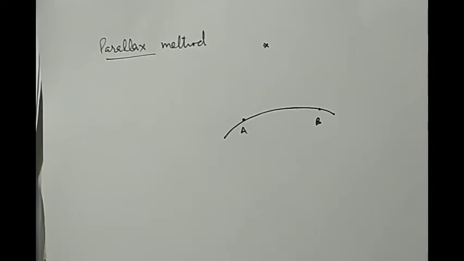As you see, if you place your pen in front of your eyes and see with one eye closing the other, and repeat it by seeing with the second eye and closing the first eye, then you will see that the position of the pen changes. Now why does this position change?